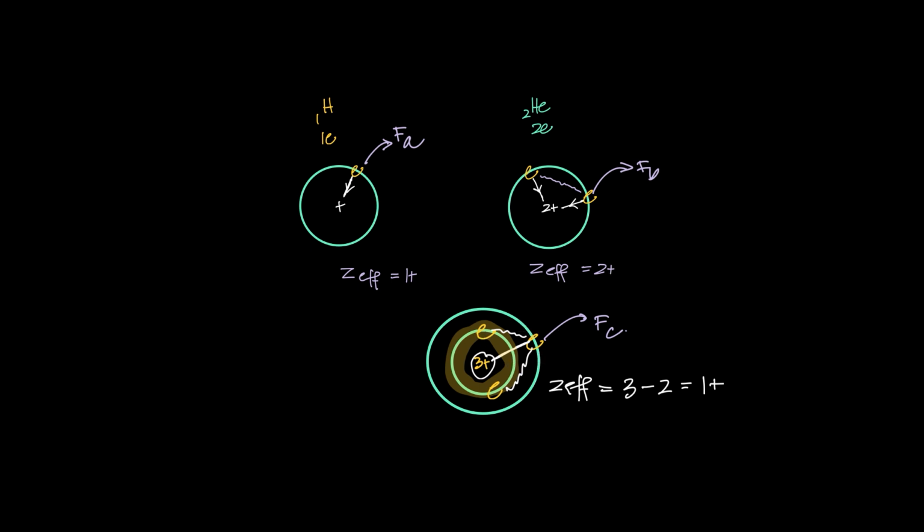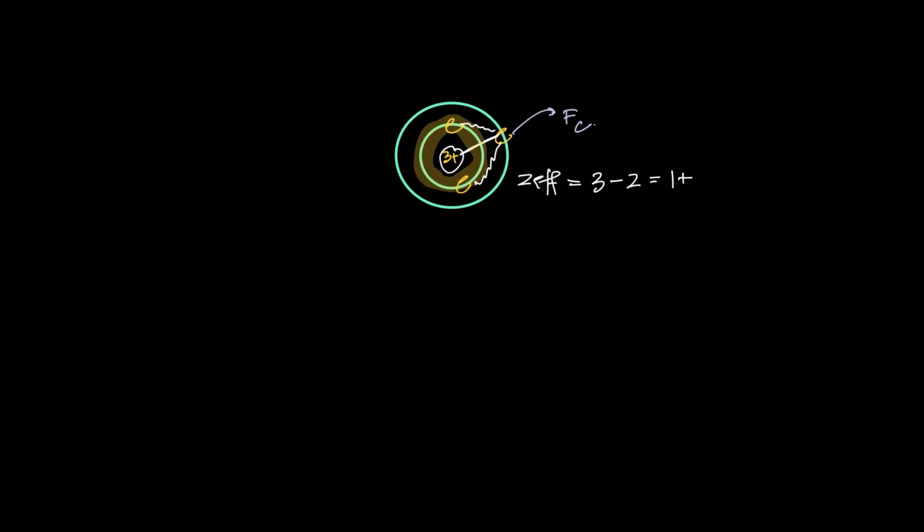So effective nuclear charge is a way to incorporate the shielding effect into the attractive forces, so you get a net attractive force. Effective nuclear charge can be thought of as a net attractive force. If I talk about other elements in period 2, which might help you solidify this idea, let's start with the hydrogen and helium we did first.